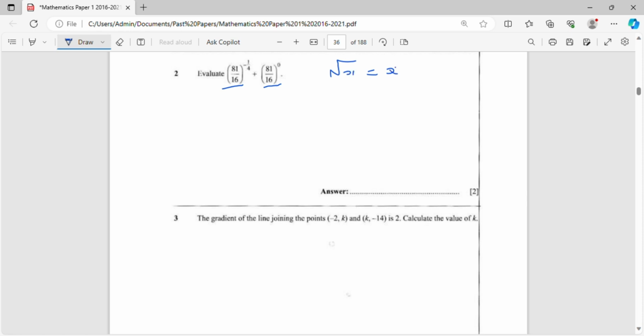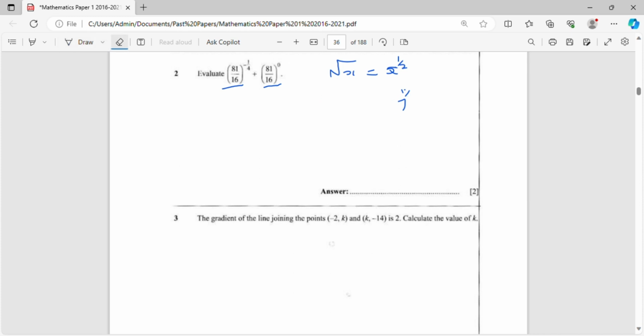So if it's the square root of x, it is the same as x to the power 1 over 2. If it's a cube root, let's say the cube root of 27, this is the same as 27 to the power 1 over 3. Now if it's a fourth root, the same, 1 over 4. That's just how it increases.